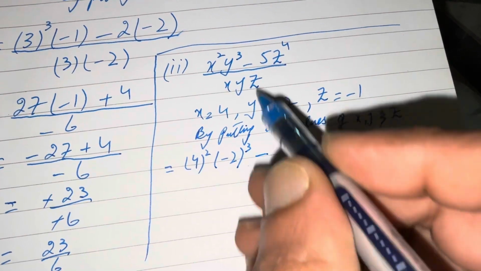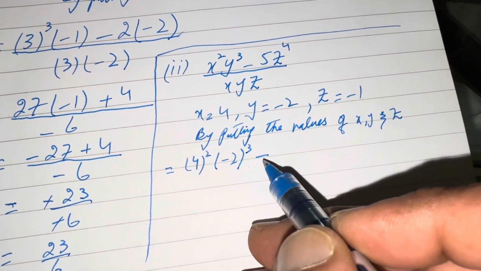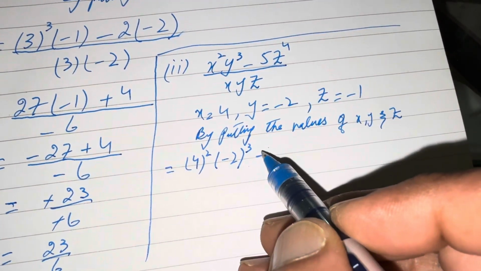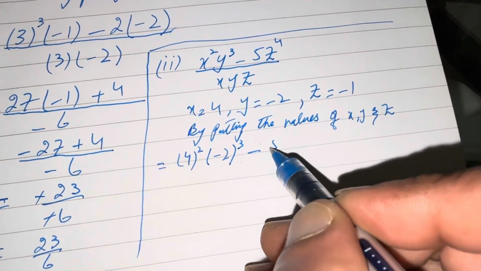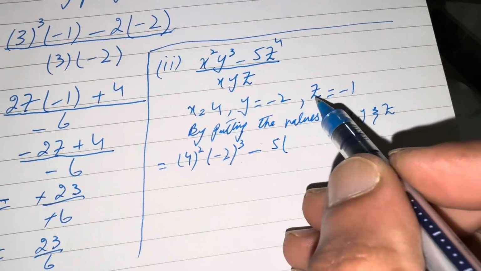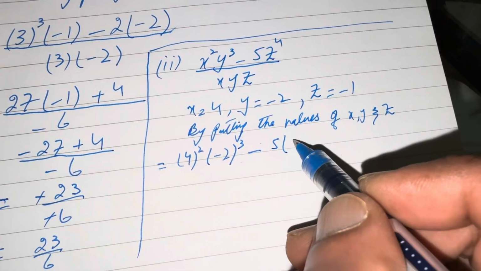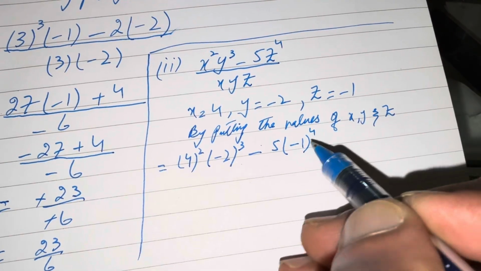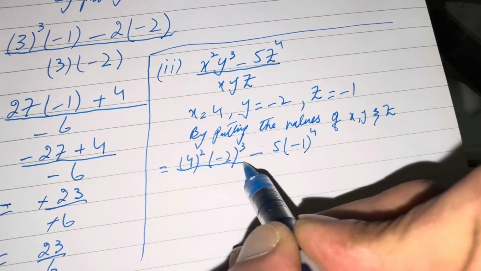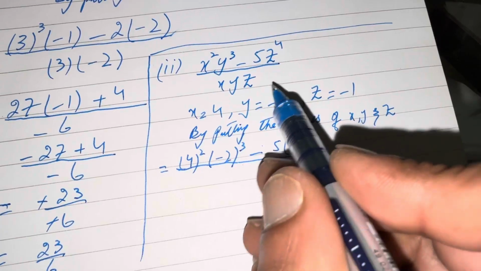Then that minus sign will become as it is, and then 5, and then z is equals to minus 1, so z की जगह पे minus 1 put करेंगे, और raised to power 4 divided by x, y, and z.